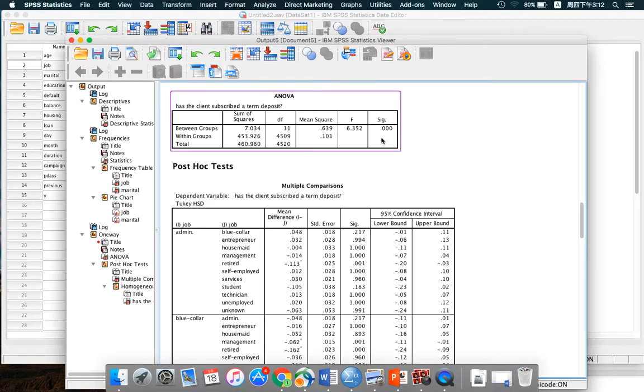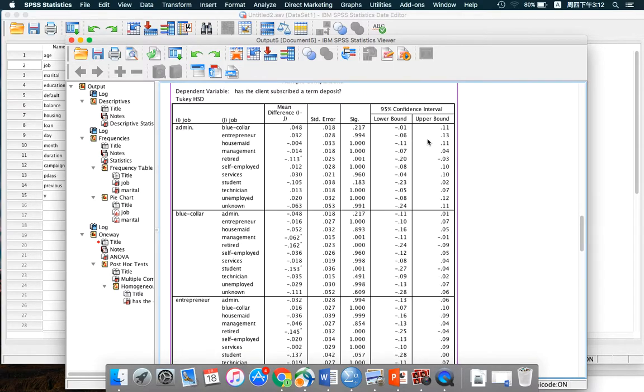We can see the overall test is significant because it's less than 0.05, which means there are some findings. Then we look at each group. I minus J means this group's mean minus that group's mean. If it's significant, there will be a star here. If it's negative, this group has a lower mean than that group.